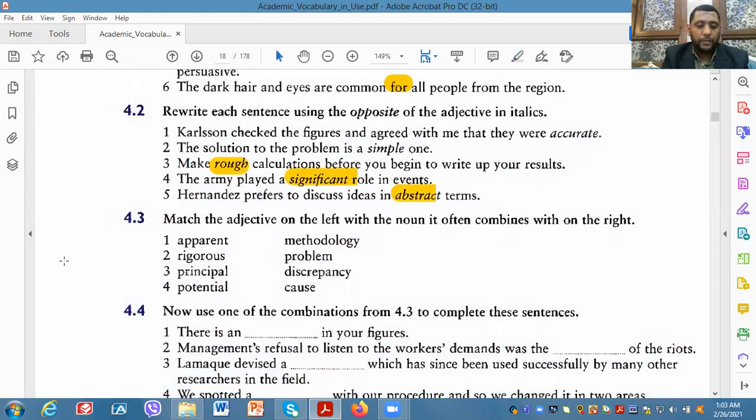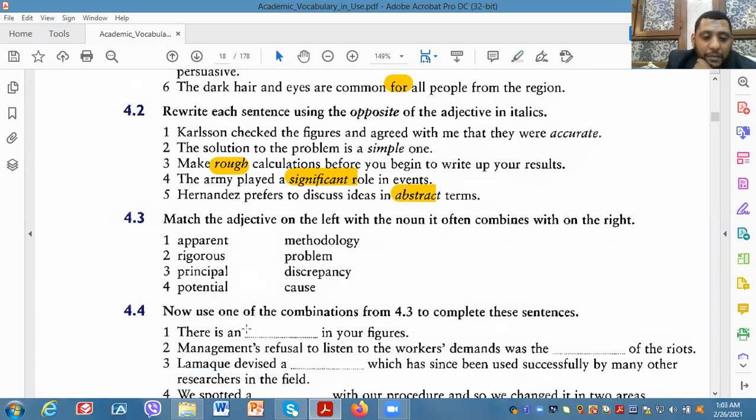Apparent discrepancy. Number two, rigorous methodology. Principal cause, and potential problem. Okay, it's a potential problem.